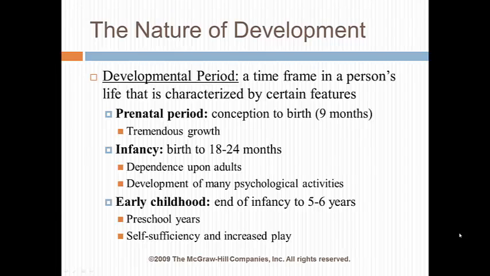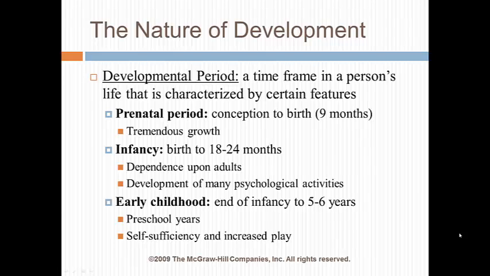The developmental period is a time frame in a person's life that is characterized by certain features. The prenatal period is from conception to birth and is marked by a period of tremendous growth. If you think about it, during the prenatal period, something grows from a single cell to an organism with a brain and behavioral capabilities.